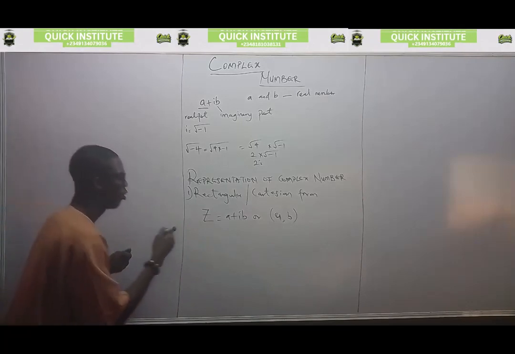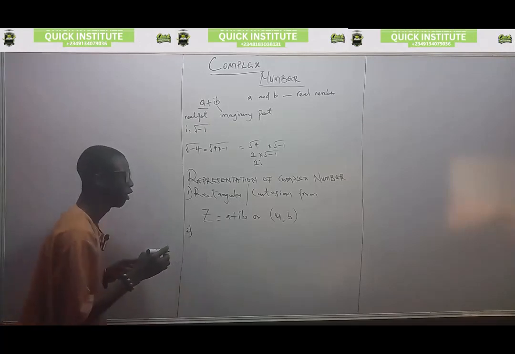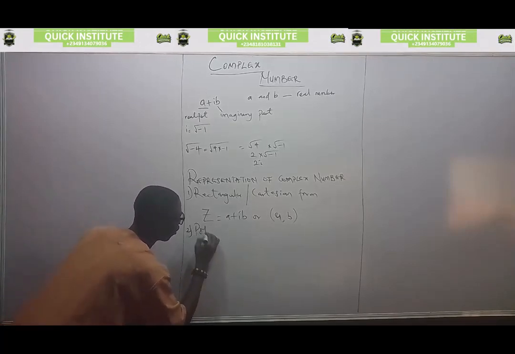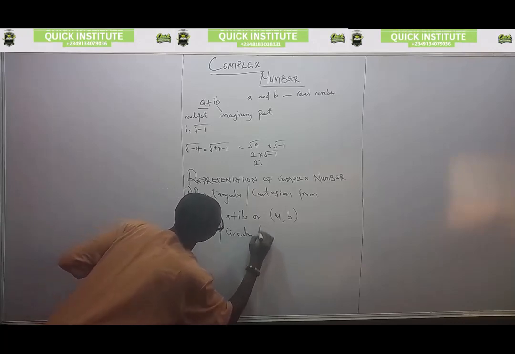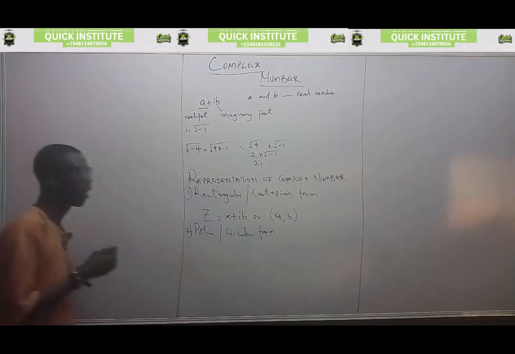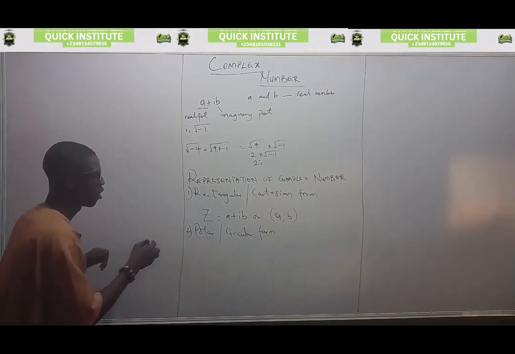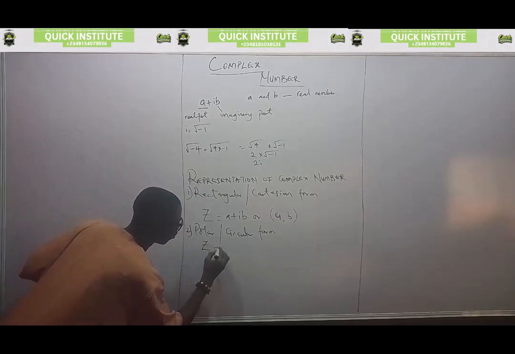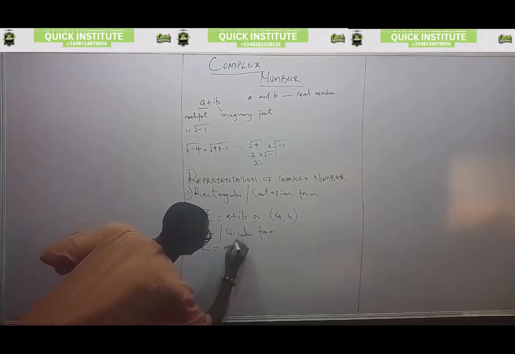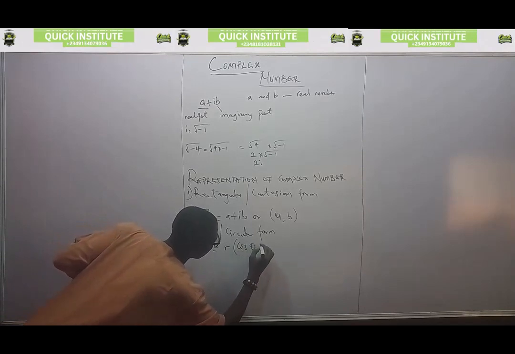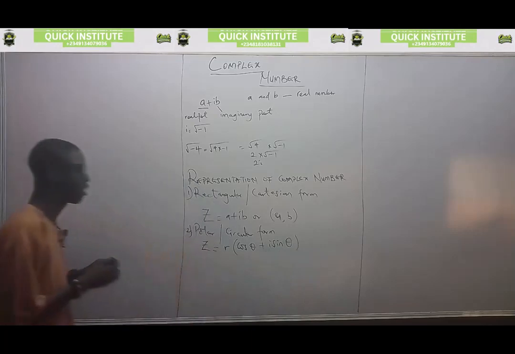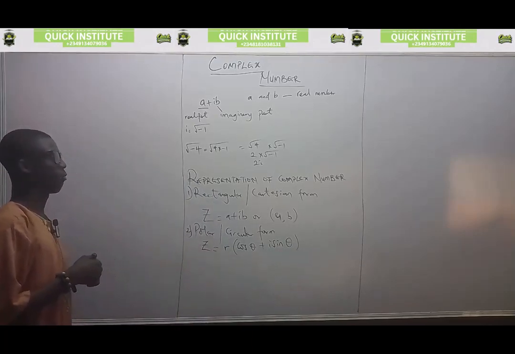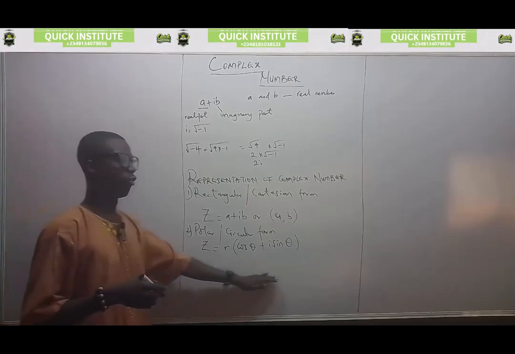The second one is the polar or circular form. A complex number z is represented as r cos theta plus i sin theta. This is how we represent a complex number in polar form.